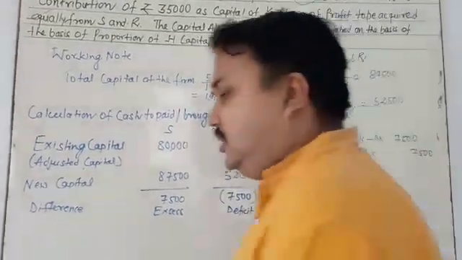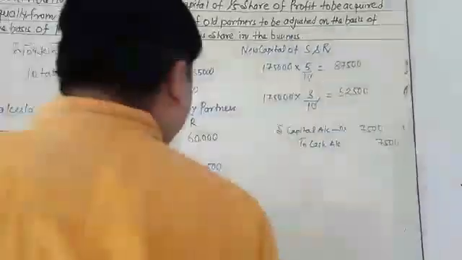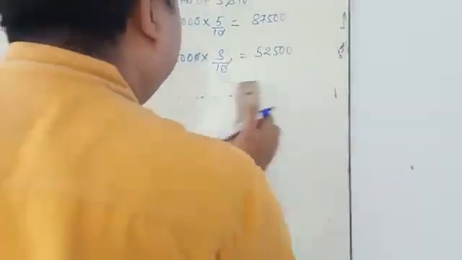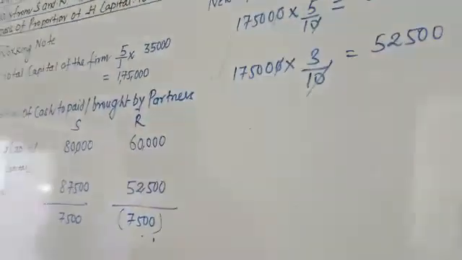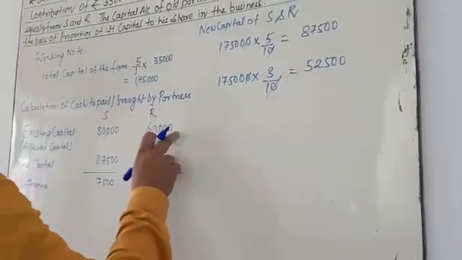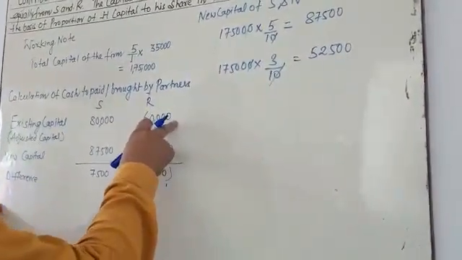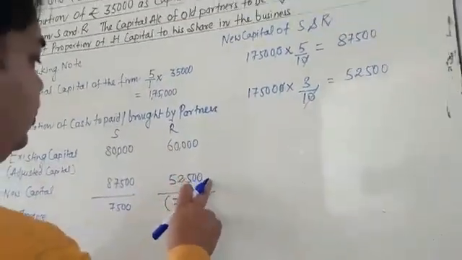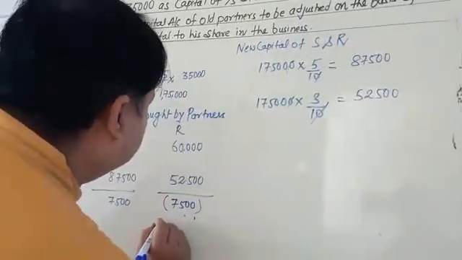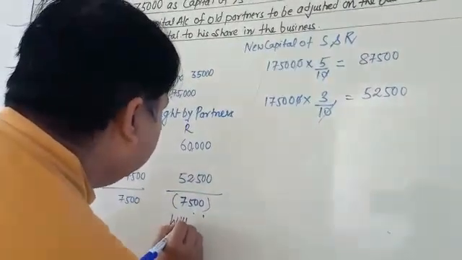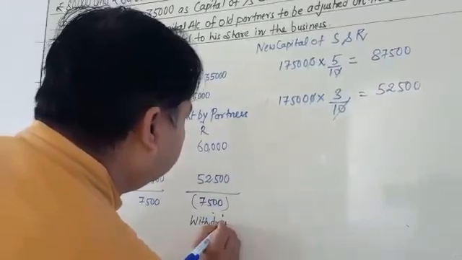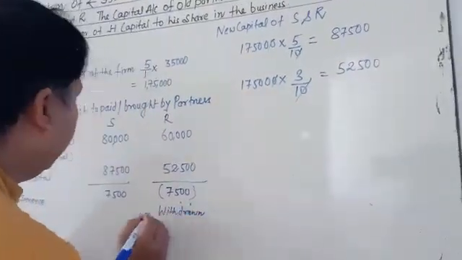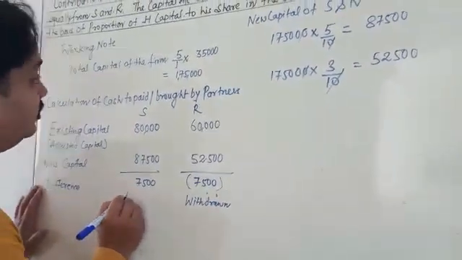What is the meaning of excess and deficit, my dear student? You have to understand it this way also. In this situation, simple. He already had 60,000 rupees, but now the new capital should be lower, so he is going to withdraw. You just write down withdraw, and he is going to pay.